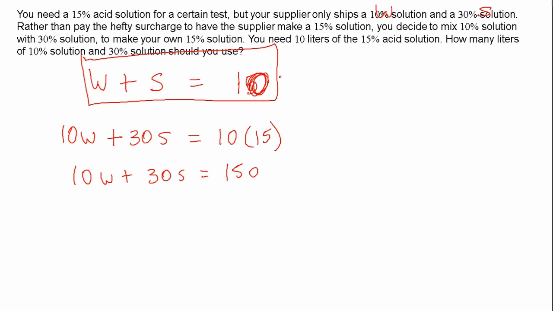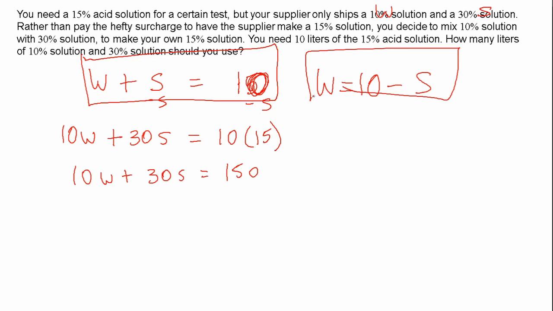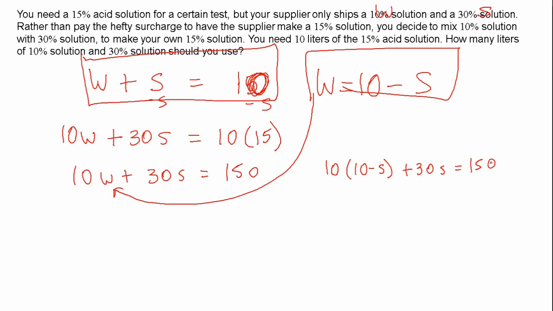I can rewrite this so that I can have W, the weak solution, equals 10 minus S. Again, I just subtracted S from both sides, so W equals 10 minus S. Then I can take this W and plug it in right there for W, so that I can rewrite this as 10 times 10 minus S plus 30S equals 150. And now we can solve. We have all the same variables, so this one's not going to be that difficult.